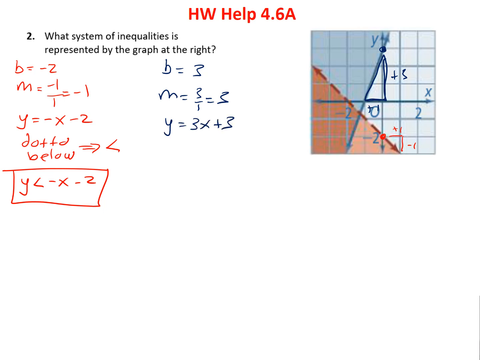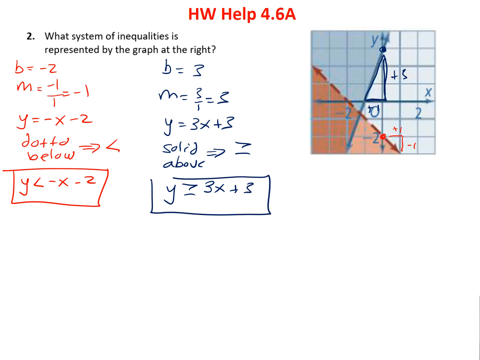But if I look at my line, it's solid, and I'm graphing above the line. So that implies that my inequality sign is going to be greater than or equal. So this equation is y is greater than or equal to 3x plus 3. And there's our two equations. That's the system of inequalities right there.